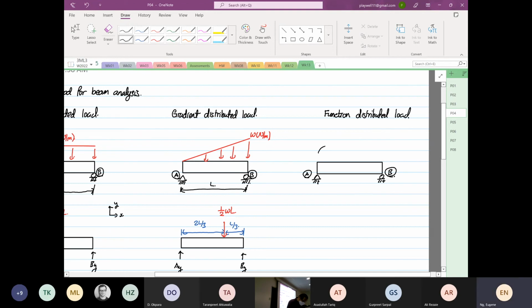And then we have this sort of profile. And our function, this is omega as a function of x. And now this is our distributed load.